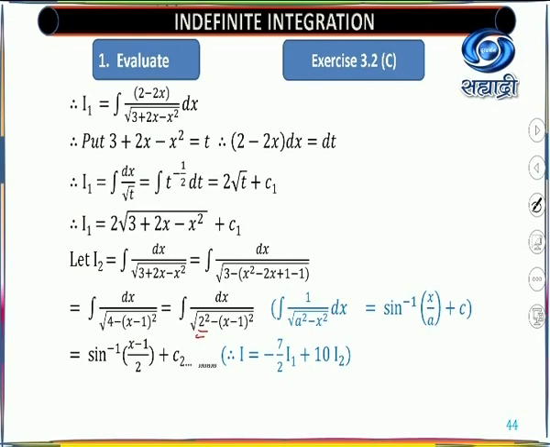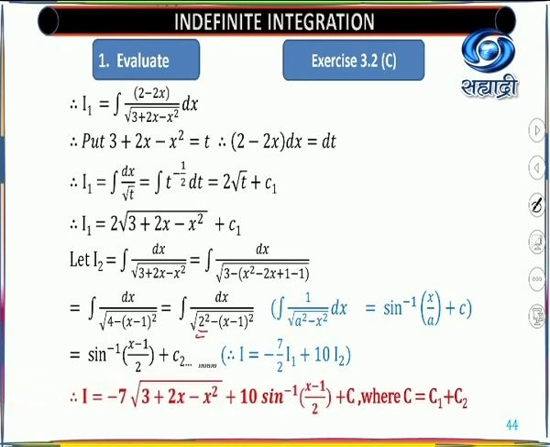So now if you substitute this in I1 plus I2, that means in equation 1, what you will get? Now look at here, you know that minus 7 upon 2 I1. So what is the value of I1? I1 value is here, that is 2 into root of 3 plus 2x minus x square plus c1.